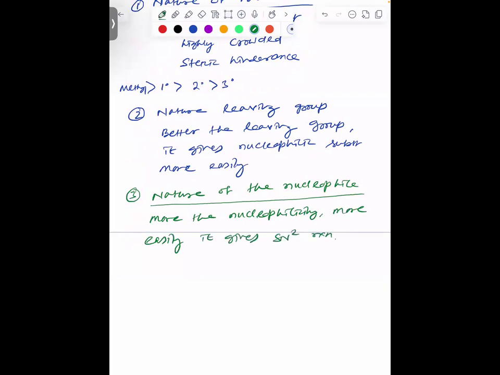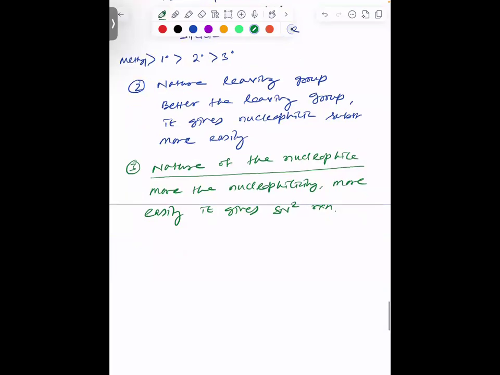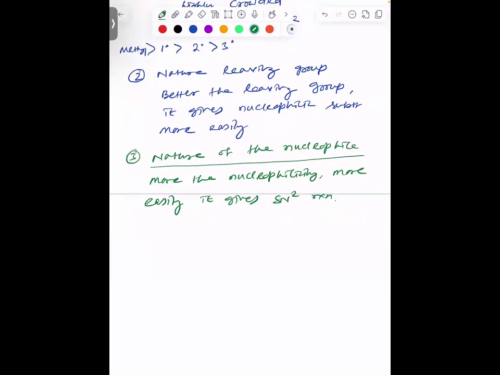Nucleophilic substitution, whether SN1 or SN2, happens more easily. Okay, friend, got it? Nature of the nucleophile: the more the nucleophilicity of the nucleophile, the more easily it gives SN2 reaction.